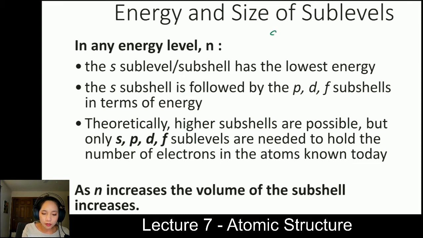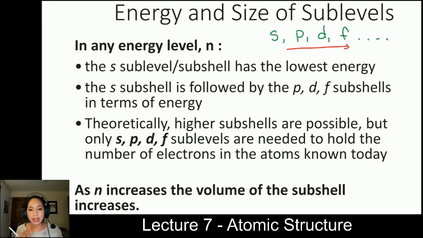So let's remind ourselves. It goes S, P, D, F, and G, and so on. So that S, our leftmost letter designation subshell, is our lowest energy. And then followed by P, D, and F in terms of energy within the same shell. So I can only be talking about, like N equals 2.